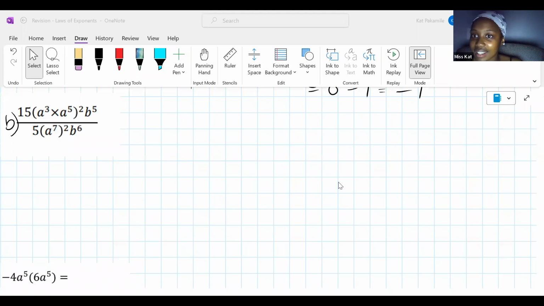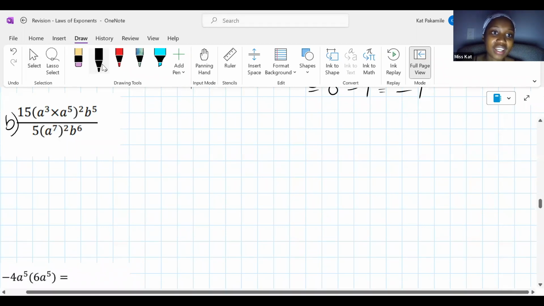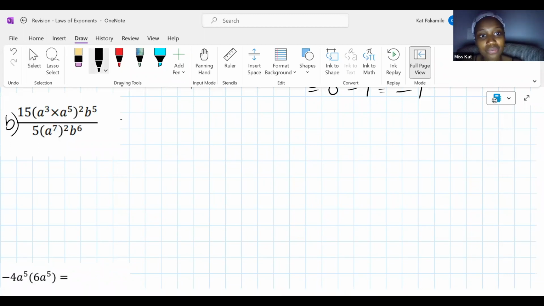Hi, ma'am. You're gonna do this with me? Yes, ma'am. Beautiful. Let's do it. So first you're gonna distribute the 2 in the numerator to the bracket. So you're gonna say 15, and then a to the power of 6, because 3 times 2 is 6.